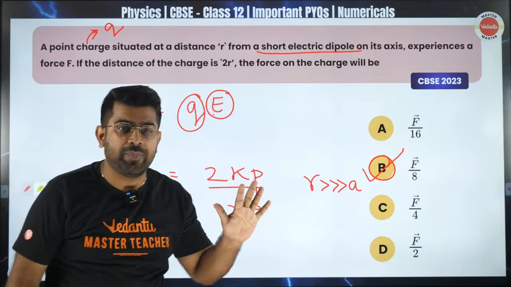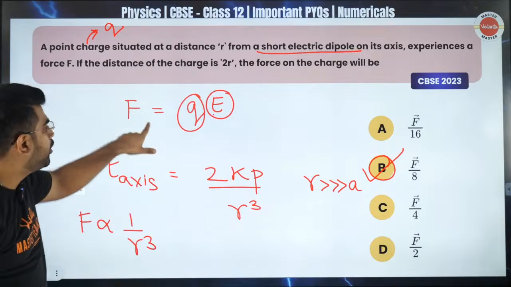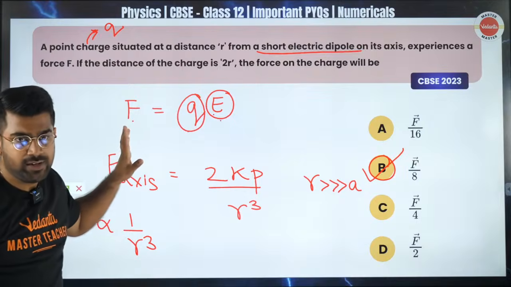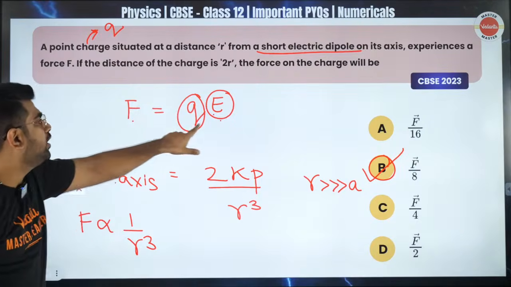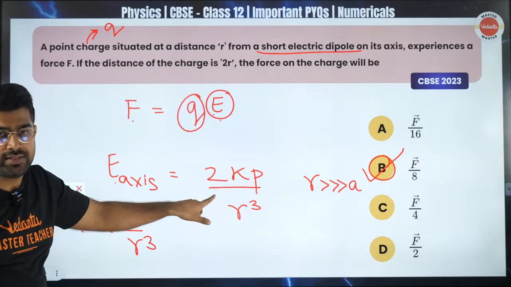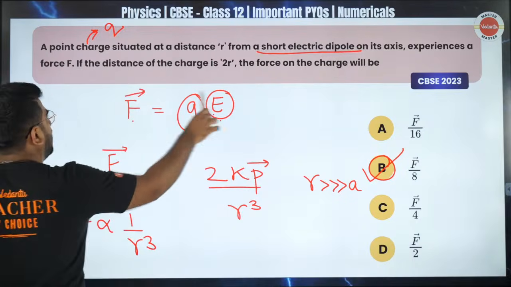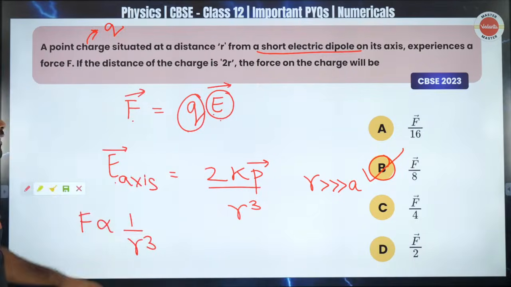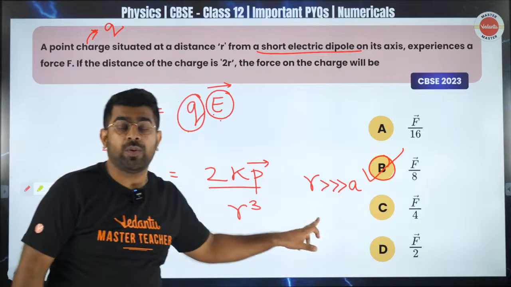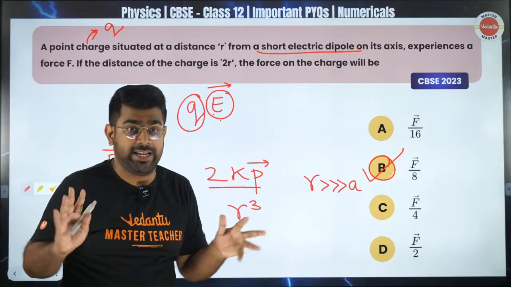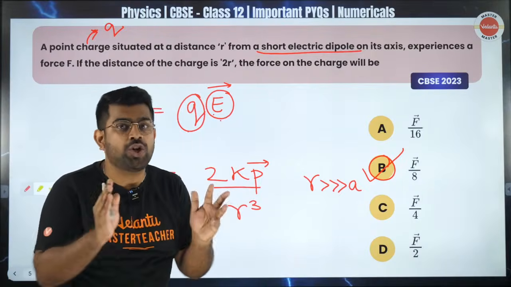Ellarku okay va? Happy ah? Direct formula. Force enadhu charge into electric field. Chariya? An electric field for a dipole on its axis, for a dipole on its axis, the electric field is given by this formula. You can note it down. 2kp by r cube, provided r is much larger than a. Okay, that is for a short dipole.